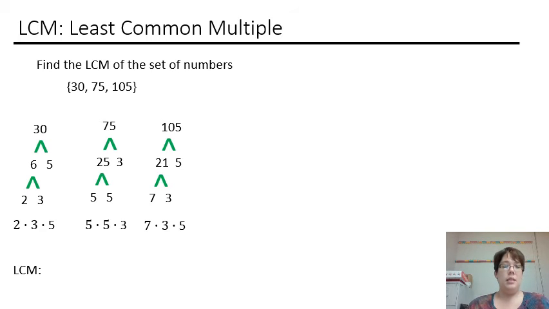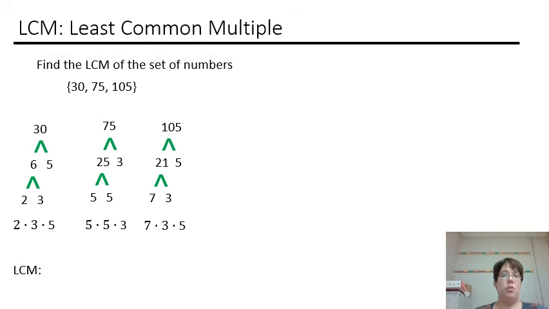Well, the least common multiple, we are going to start with our first set of multiples here. So 2 times 3 times 5. My least common multiple has to have every one of those multiples in it. So I'm going to go ahead and say that my least common multiple will have a 2, 3, and a 5. Okay, so that takes care of the first one.